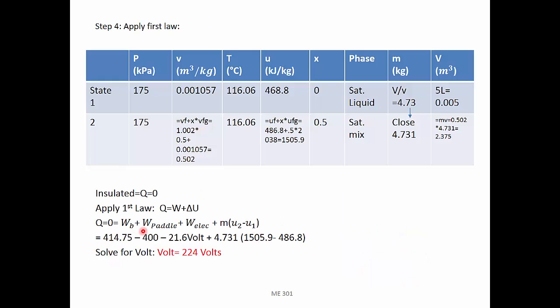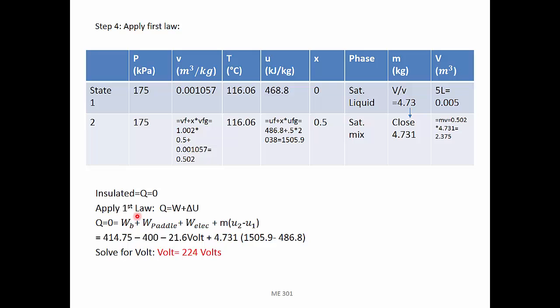We're now ready to apply the first law. From the problem statements given, we know the system is insulated, which implies that Q is equal to 0. We know the first law is Q equal to work plus change in internal energy.